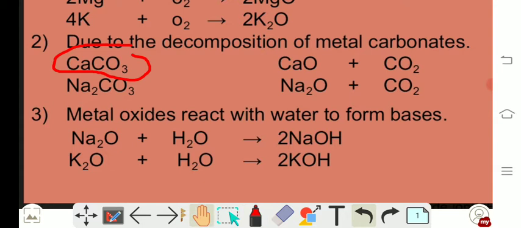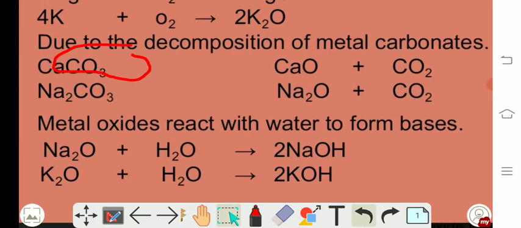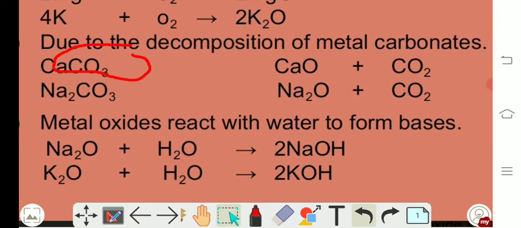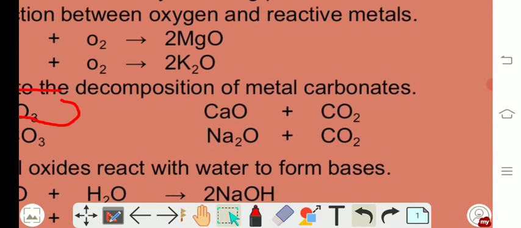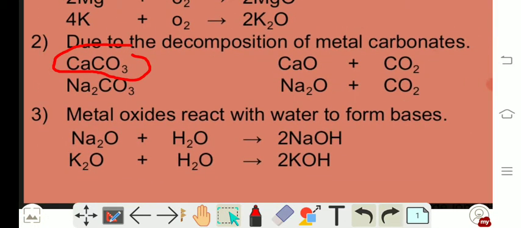Let me zoom in so that it could be visible.